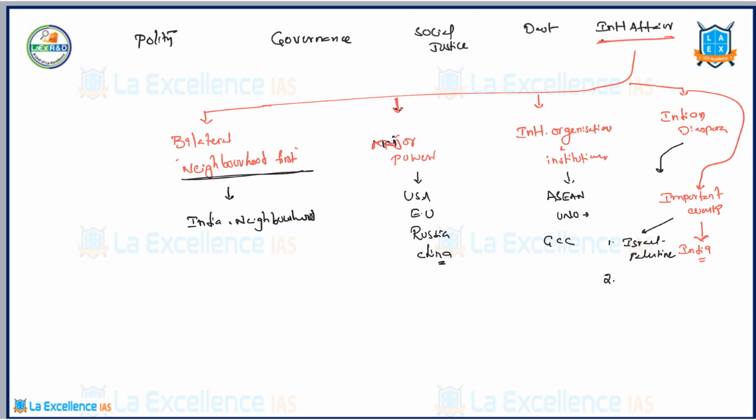So those we study as important events after the Second World War. But Israel-Palestine, now, what is going on in Syria? What is the crisis? And the power game in the Middle East, where the Iran nuclear deal is an important aspect. And this Iran nuclear deal has an effect on Indian imports of oil. So it is going to affect us.